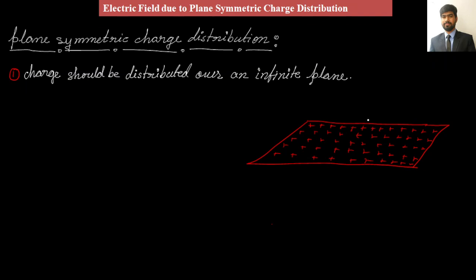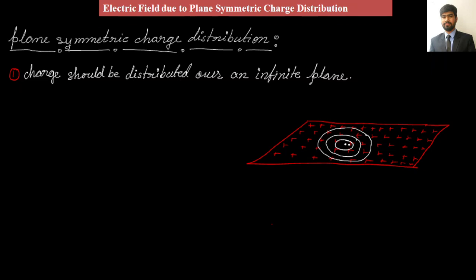And then the second condition, let's consider a point on this plane, and then around this point, if we draw concentric circles of different radius on this plane, and if we measure the charge density at every point on this circle, and if we get the same charge density at each point on this circle, then only we can say this charge distribution is plane symmetric.